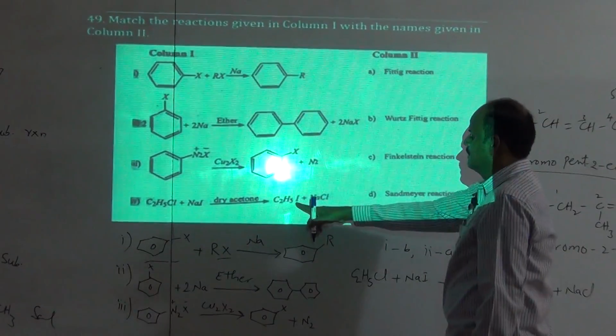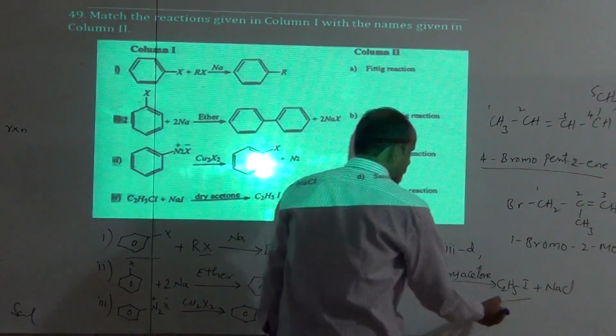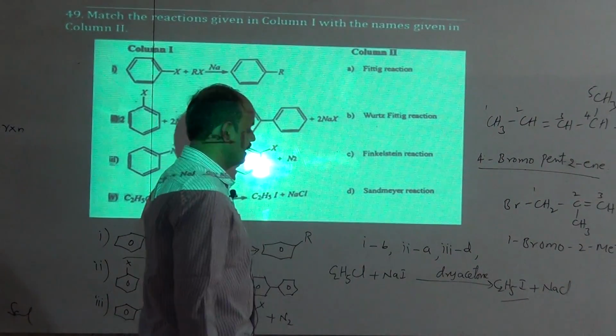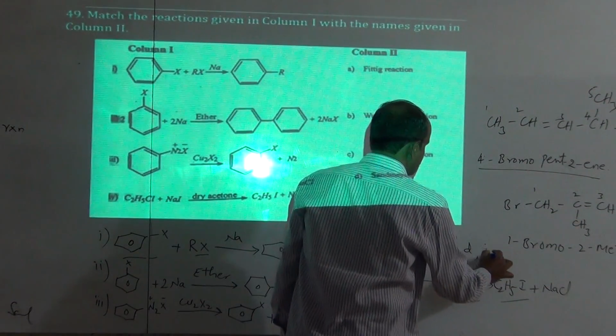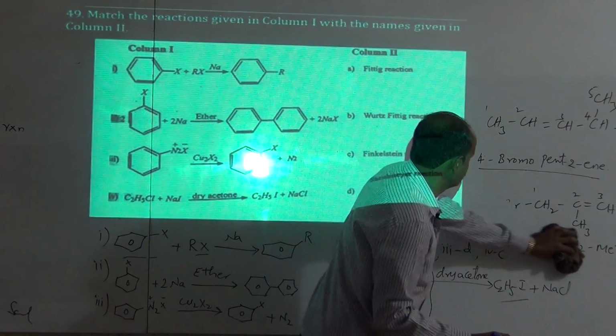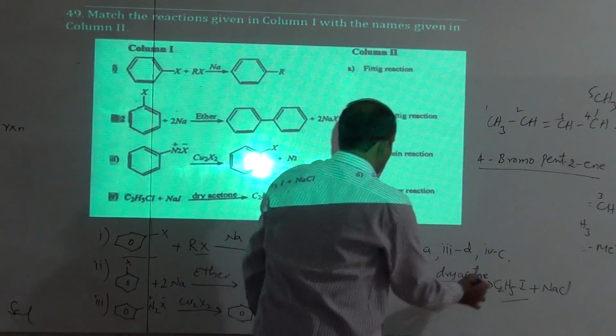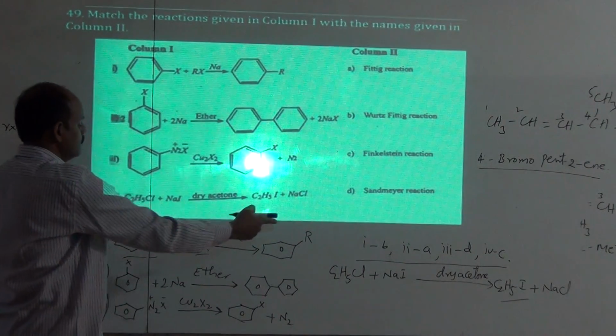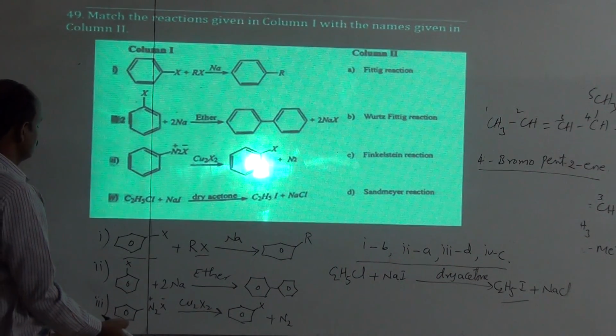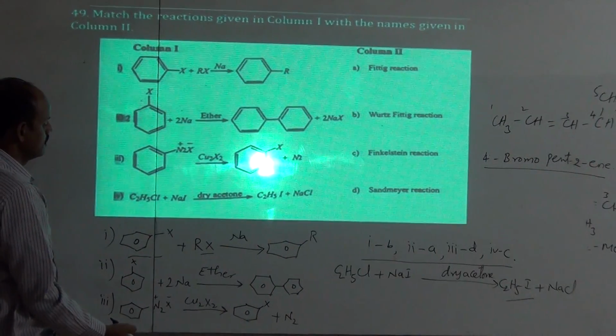This is the preparation of iodides. It is called the Finkelstein reaction. Where is that one? Finkelstein reaction, C. That's the fourth one, C. This is the correct one. First B, second A, third D, fourth C. Here are the options.